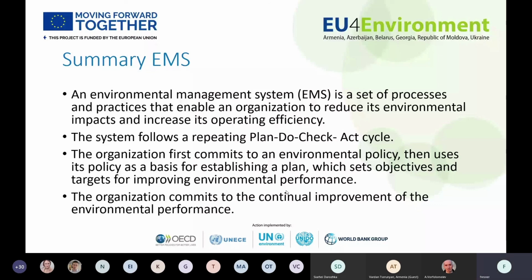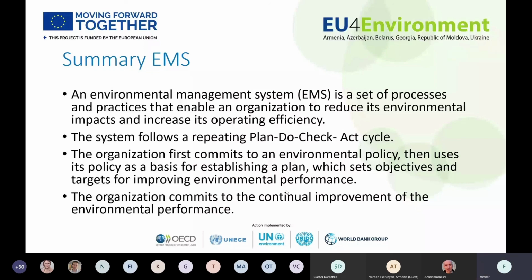And basically, it's about an organized set of procedures to increase operating efficiency. The high-level structure, the basis of the system, is this plan, do, check, act cycle.